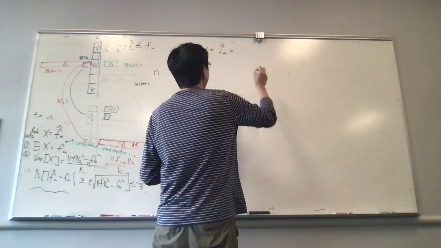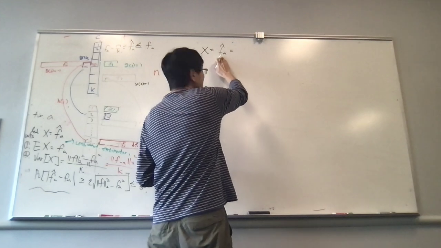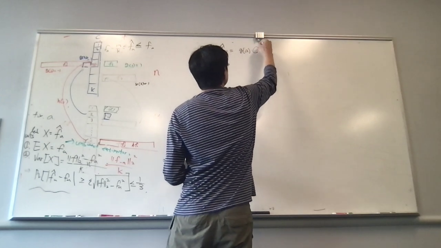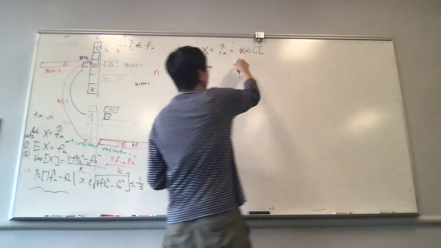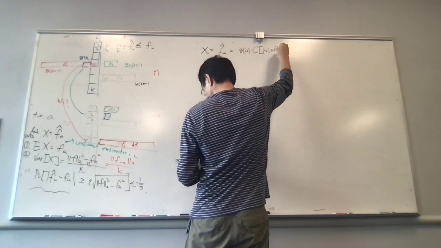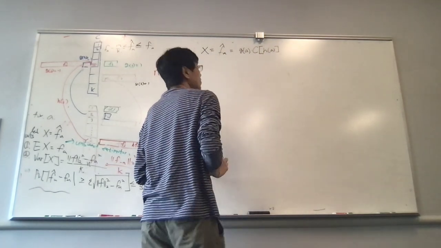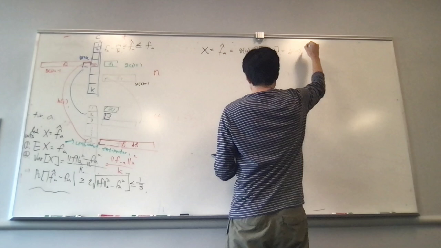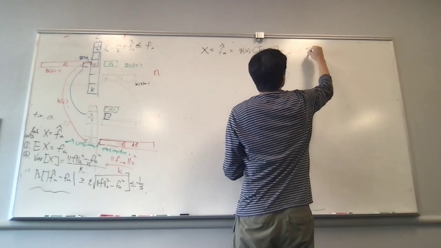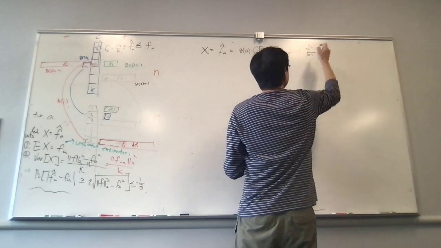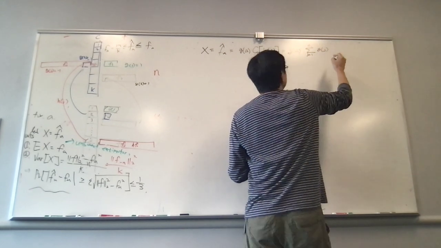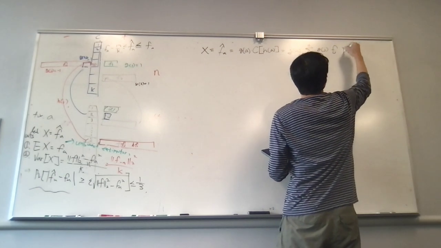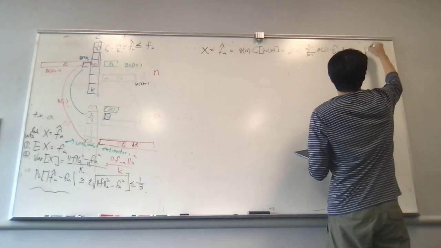Remember that by the algorithm, this is nothing but g_A times the count at the place h. So I need to define Y_j. Y_j is 1.